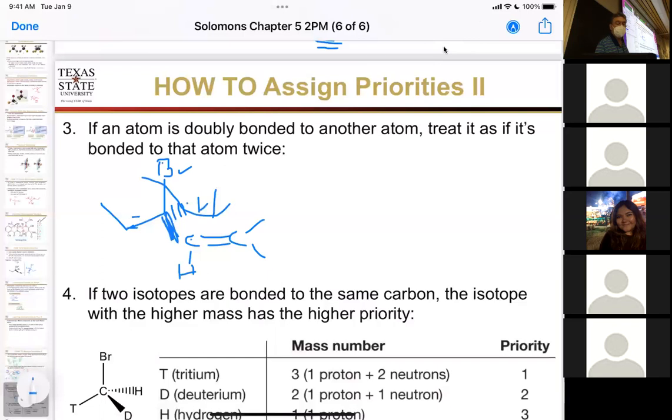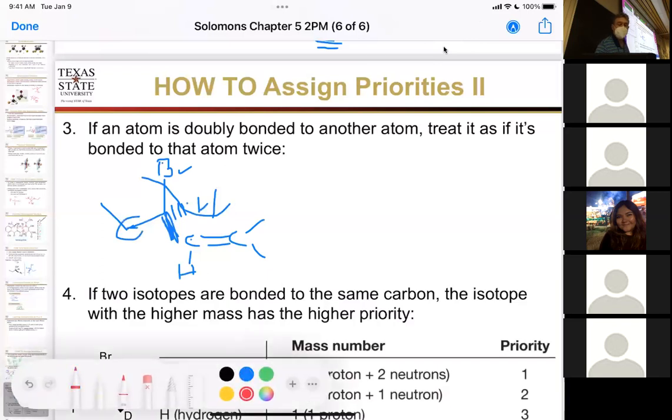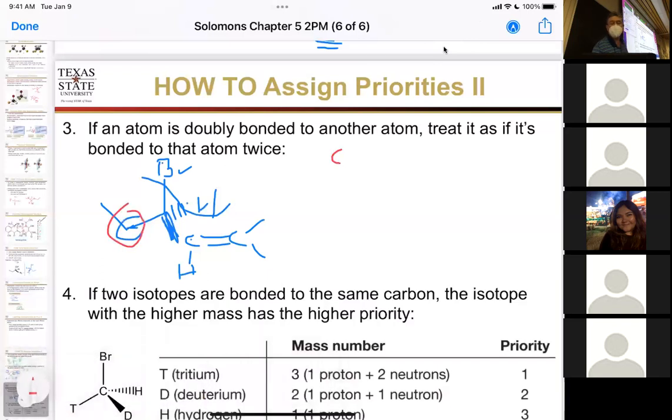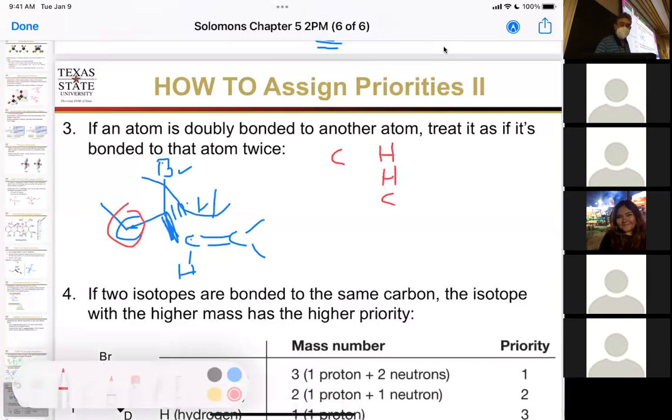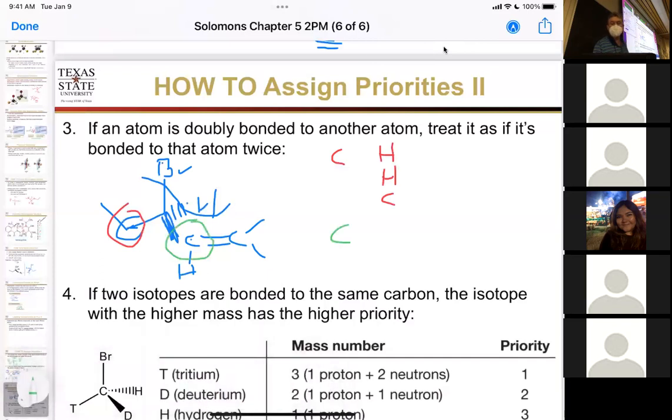So if we look at this carbon first, we have a carbon that's attached to a hydrogen, and a carbon. Okay. If we look at this carbon, it's attached to 1 hydrogen and a carbon through the sigma bond and a carbon through the pi bond.